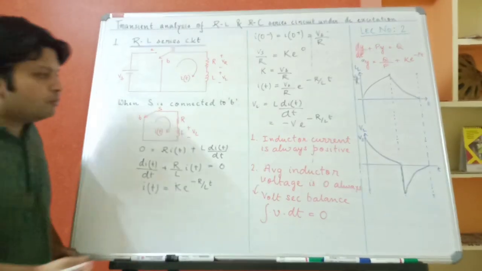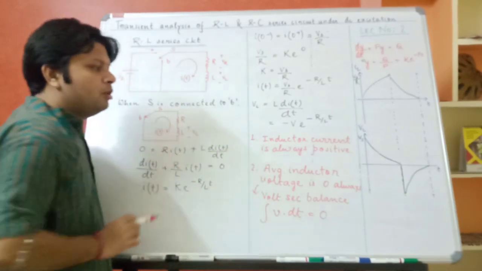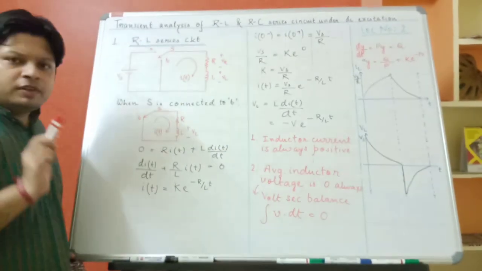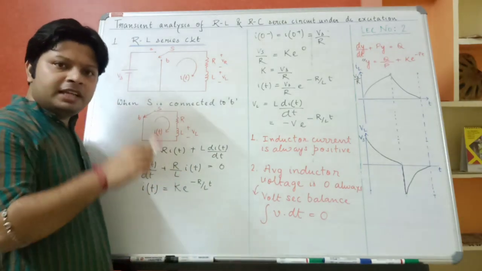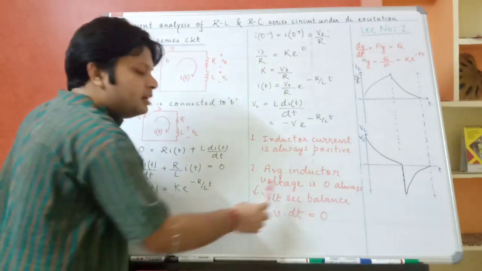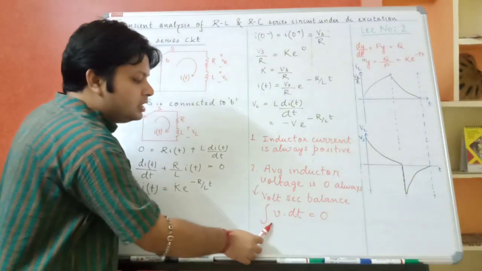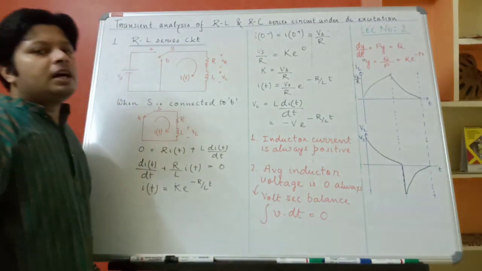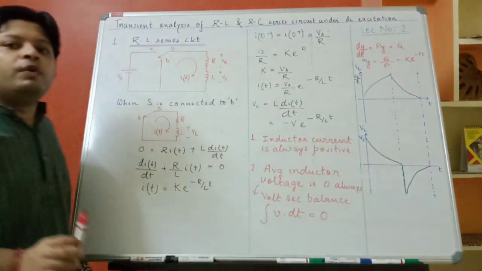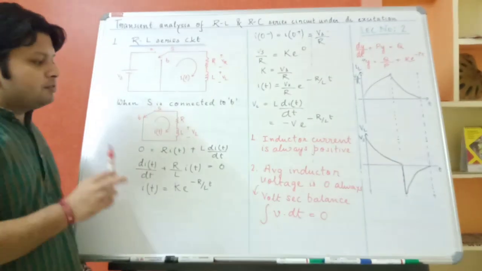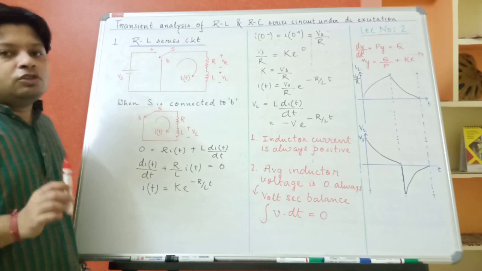Understood? Very important: inductor current cannot be negative, it is always positive. Average inductor voltage is always 0. From there we are finding the volt-second balance formula, which is the integration of V over dt, which comes out to be 0, because the area of the positive and negative parts is always the same. So the average value of inductor voltage is always 0.